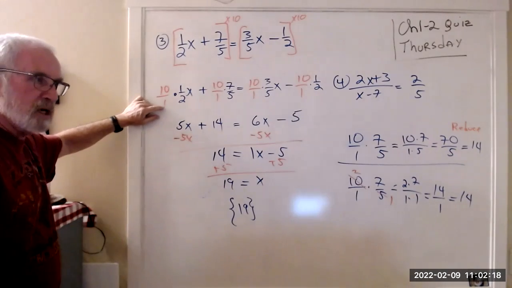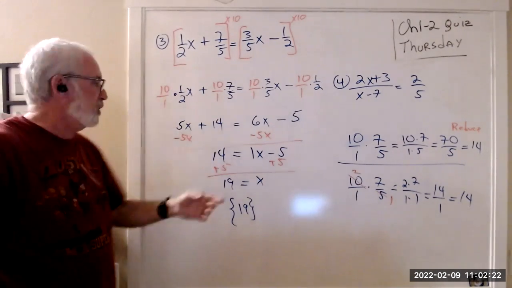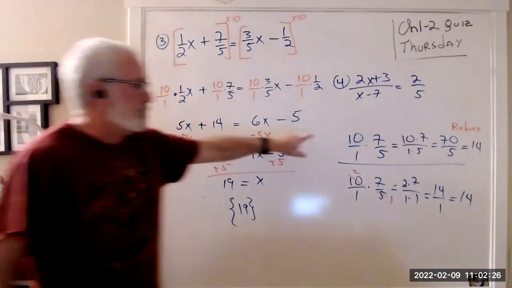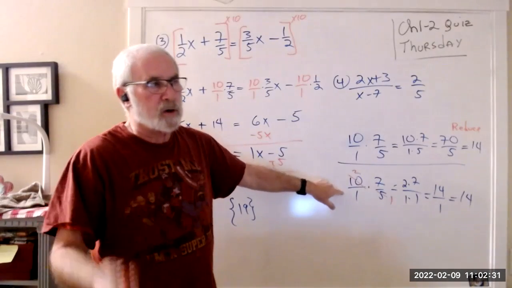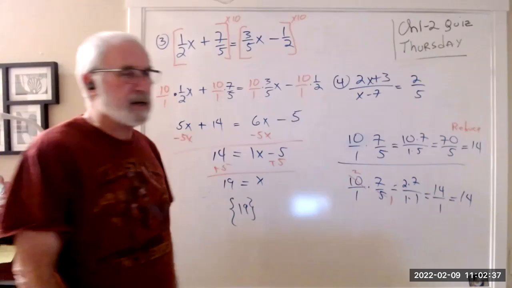But if that's what you did here or wherever you did it, cool. As long as you got 14 for that problem, I don't care how. But this is the traditional way. This is the slick trick way called cross canceling. Perfect. Understood. Thank you so much. Okay, anybody else?